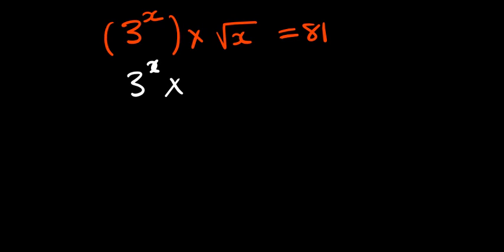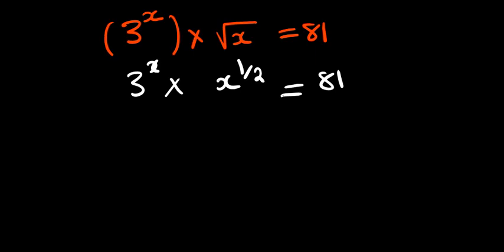So in this case, how are we going to do that? I'm going to have x to the power half equals 81. Now that we've got this 81, can 81 be written in the form of 3?